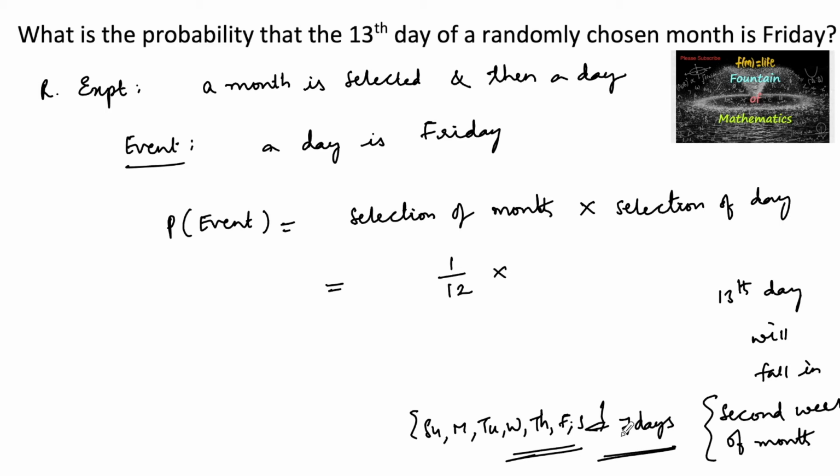Out of 7 we have to select one day, Friday, so there is only one possibility. So 1 out of 7. That is 1 out of 12 into 7, which is 84. Hence the probability that the 13th day of a randomly chosen month is Friday is 1 out of 84. 1 by 84 is the answer.